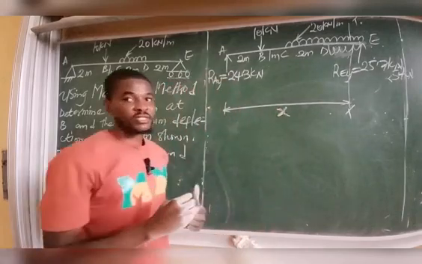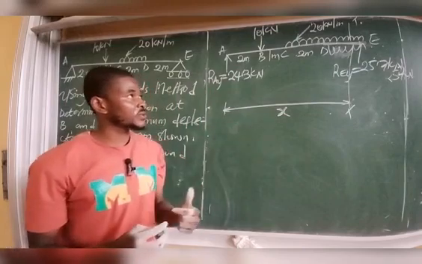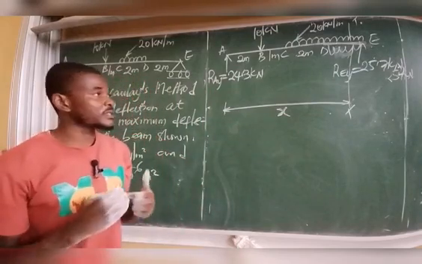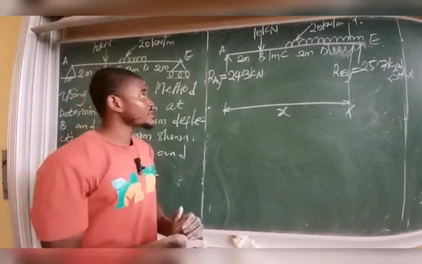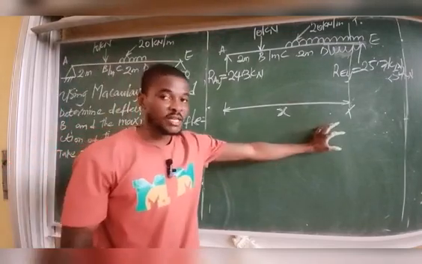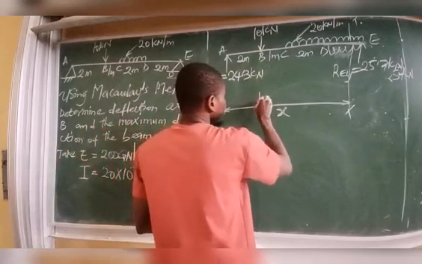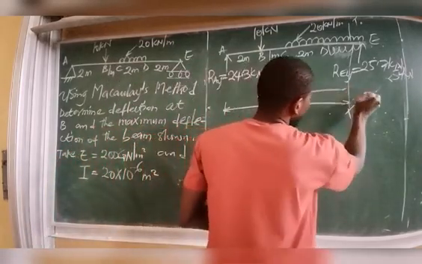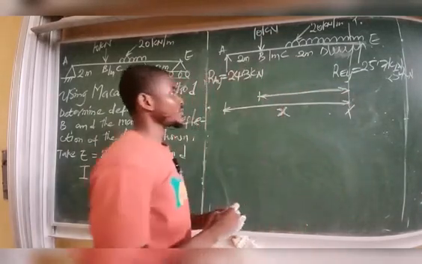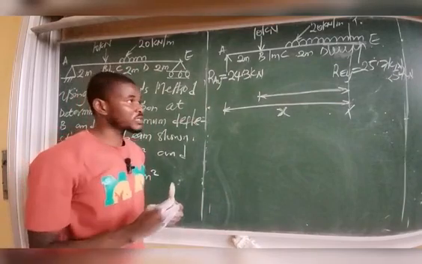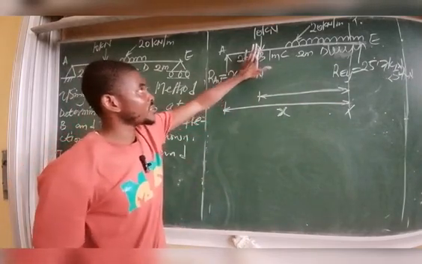If you have been following my series on Macaulay's method of beam deflection, I said that after obtaining the point of section, the next thing to do is to obtain the distance of each of the loads from the point of section. We have established that from point A to the point of section is x meters. What is the distance of the load at point B to the point of section? Since I am now at point B, I no longer need the distance behind.